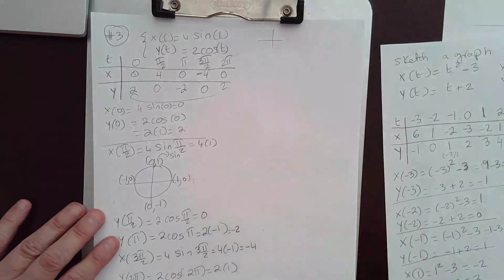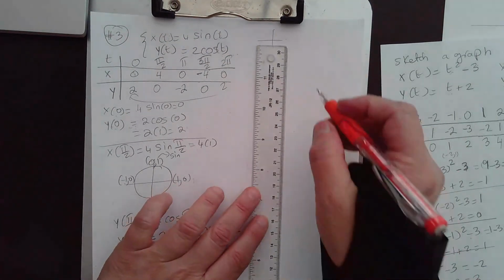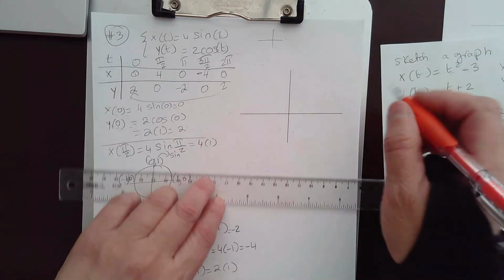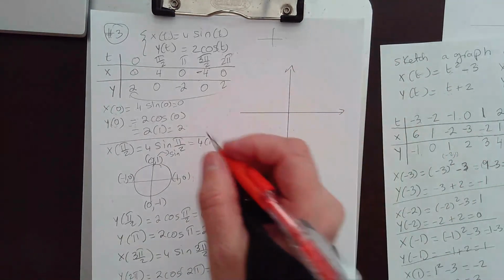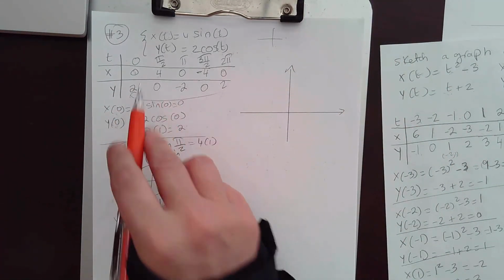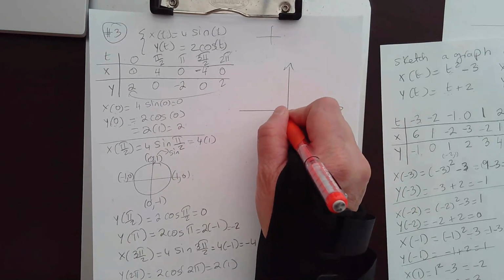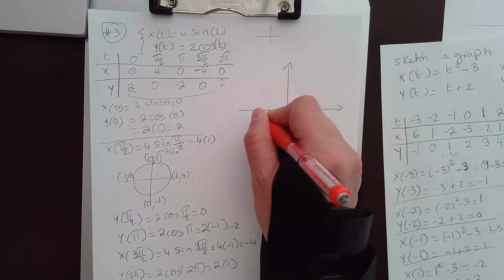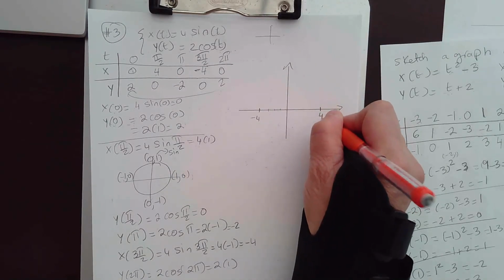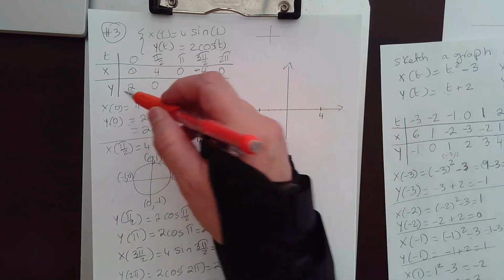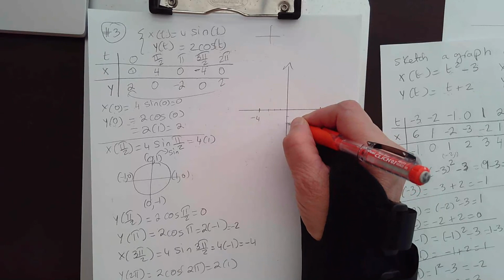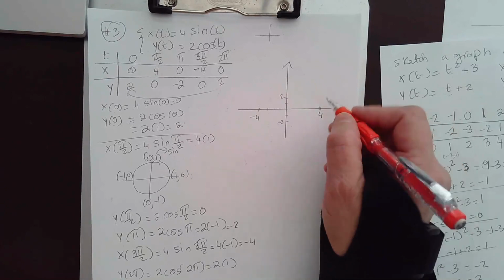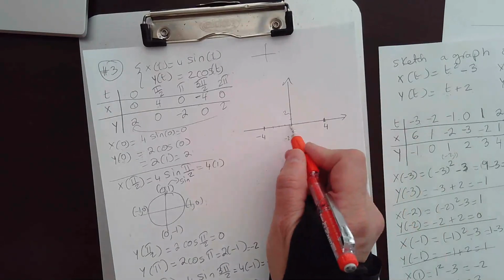Let's go ahead and graph this. I don't know if you can recognize it just by looking from here, but if you want to graph it, we can do this. So x is going from -4 to 4, and y going from -2 to 2.